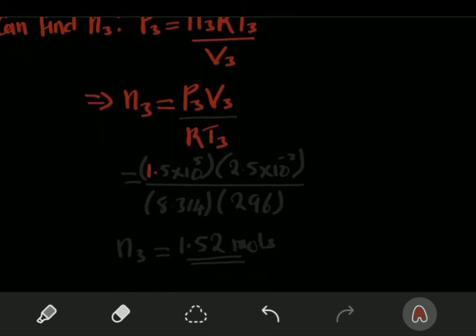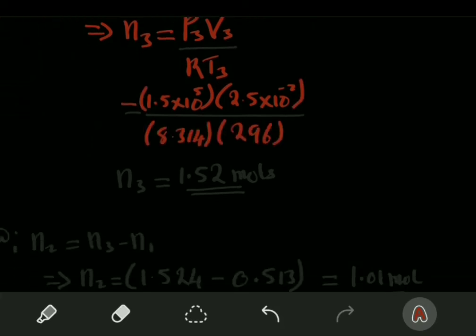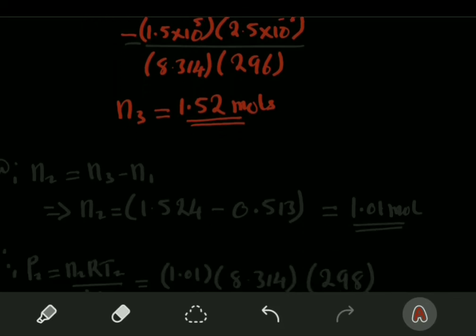Therefore, we can simply substitute these values into the formula, and from that we find the value of N3 as 1.52 moles. Now we go back to equation 1. We know that N2 is given as N3 minus N1. Since we know the number of moles for gas 1, N1, we simply substitute into this formula, and having found the value of N3 as well, that makes things even easier.